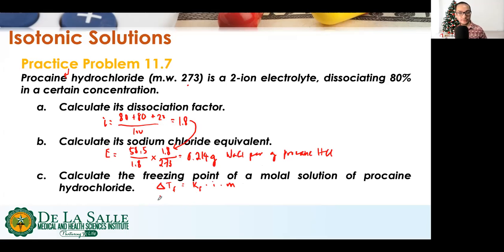So the freezing point depression is equal to 1.86 degrees Celsius per molal, times the i value, which is 1.8, times 1. So this is 1 molal, and so this will be 1.86 times 1.8.